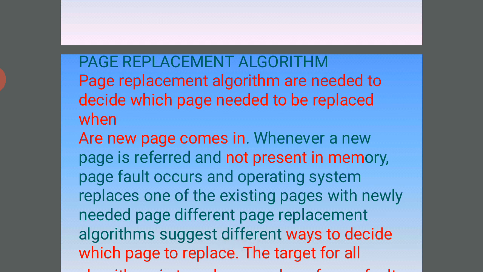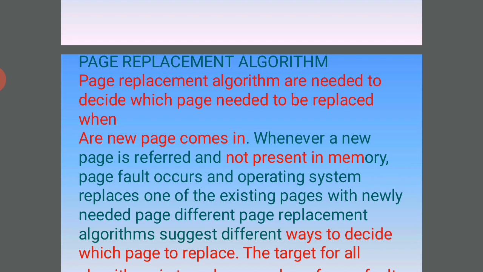Page replacement algorithms are needed to decide which page to replace when a new page comes in. It is a change from one page to another page, and we call this page replacement.